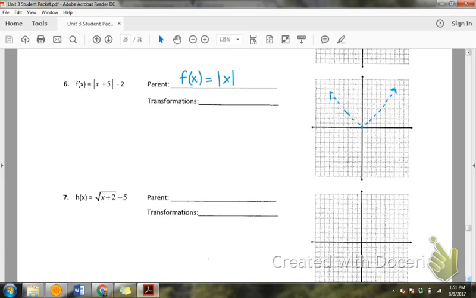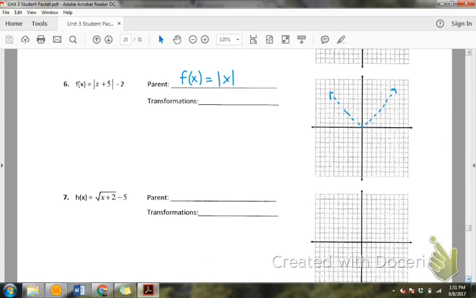Aspen, choose a shift. Which one do you want to talk about? The horizontal shift, okay? So which one is the horizontal shift? What number is representing that? Remember, if it's on the inside, that's the horizontal shift. Positive 5. But what do we have to remember about the horizontal shift? Excellent.